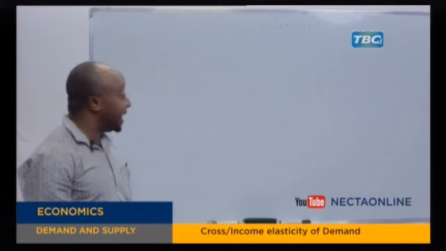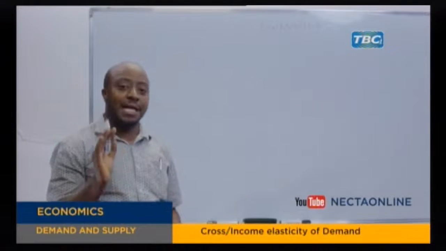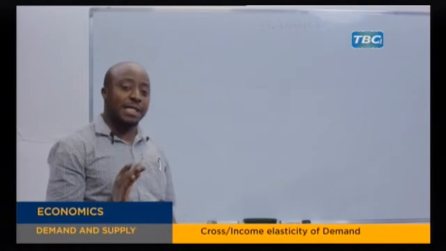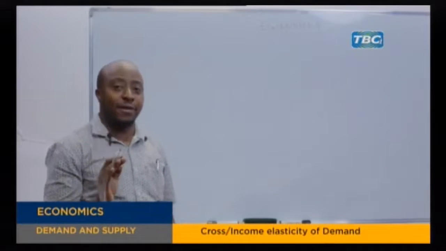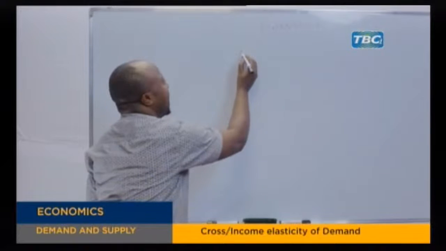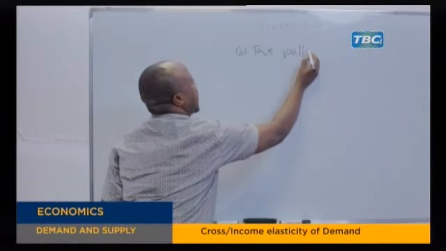Now, as we have seen in the previous discussion, the government may use elasticity of demand in formulating different policies, or sometimes setting different policies. Now we can see, for example, number one, it is useful in tax policy.